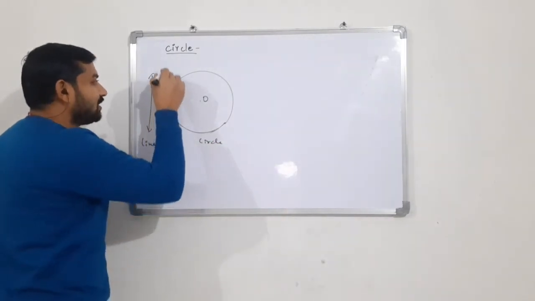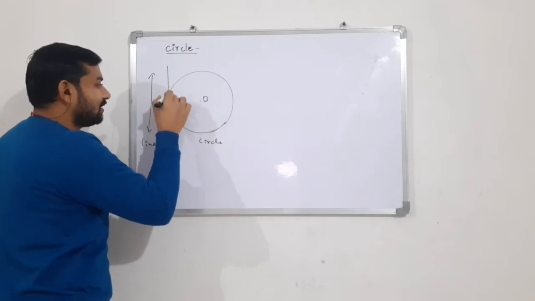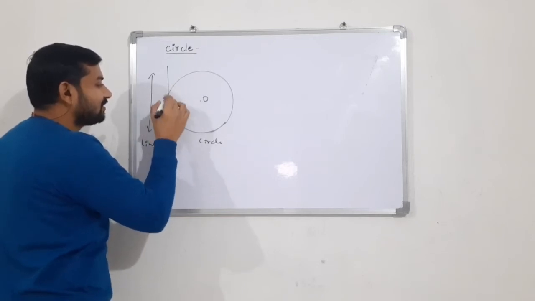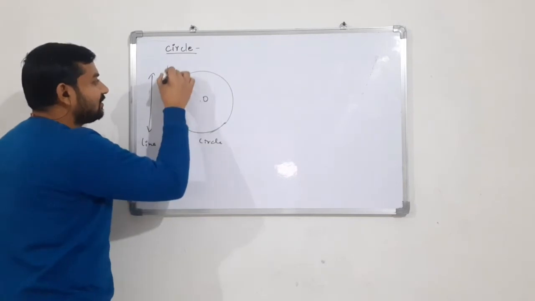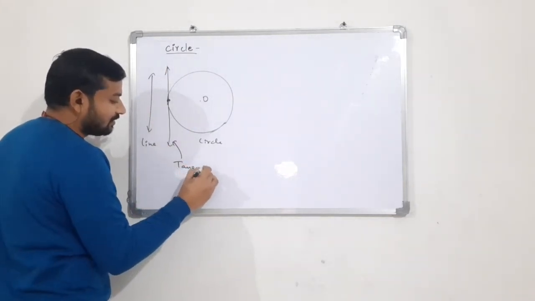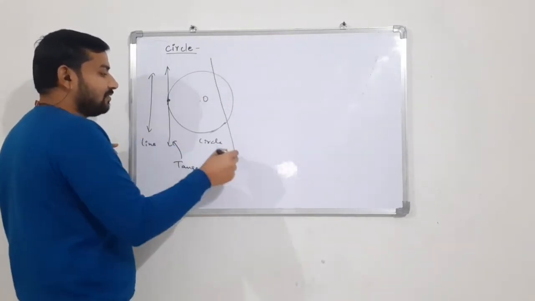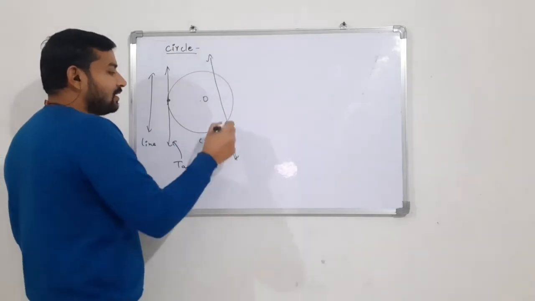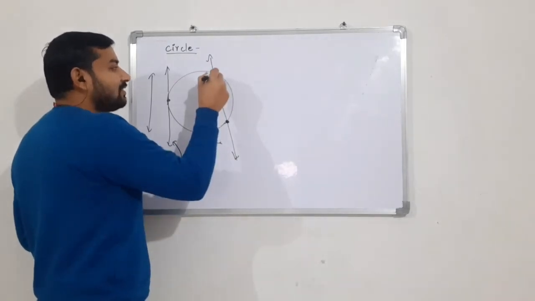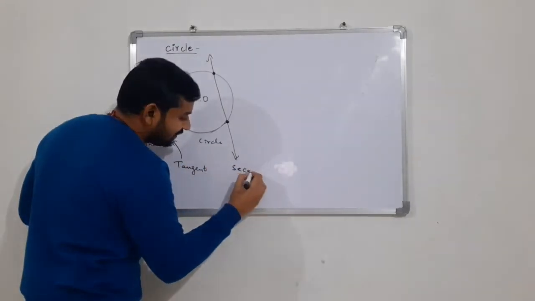Now if we bring this line here, touching this circle at a point, or intersecting this circle at a single point, then this line is called a tangent to the circle. And if we shift it somewhere in between, where now this line is intersecting at 2 points, then we call it a secant.